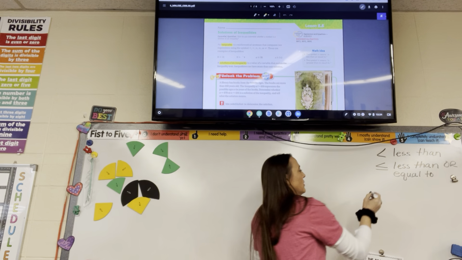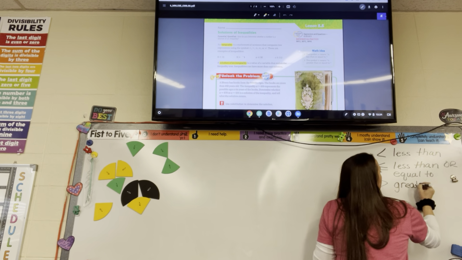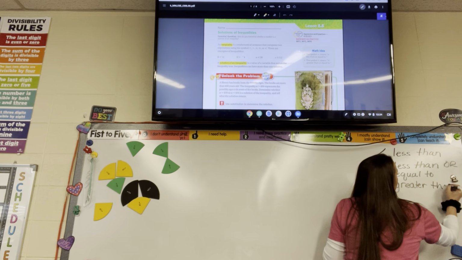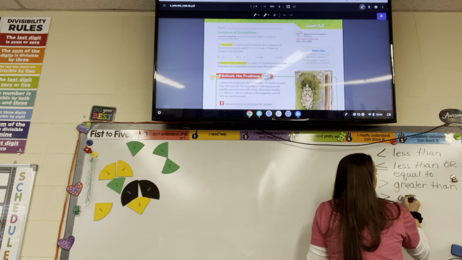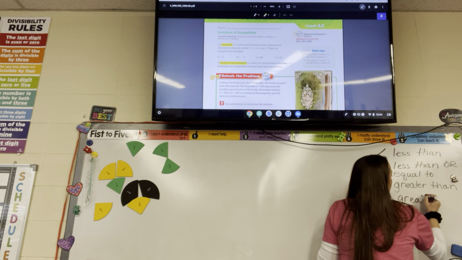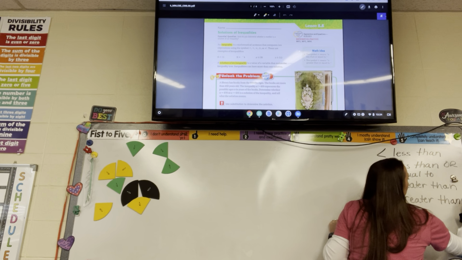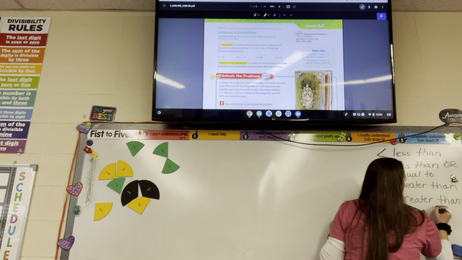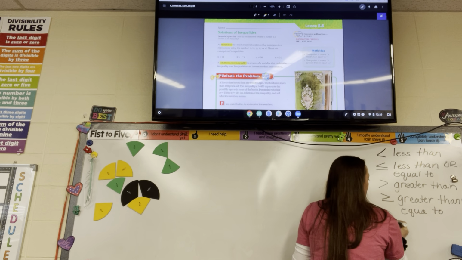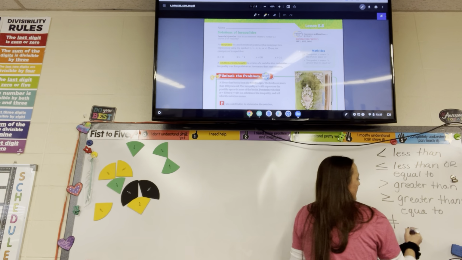Then we have greater than. Greater than or equal to. This, of course, means equal. This means not equal.